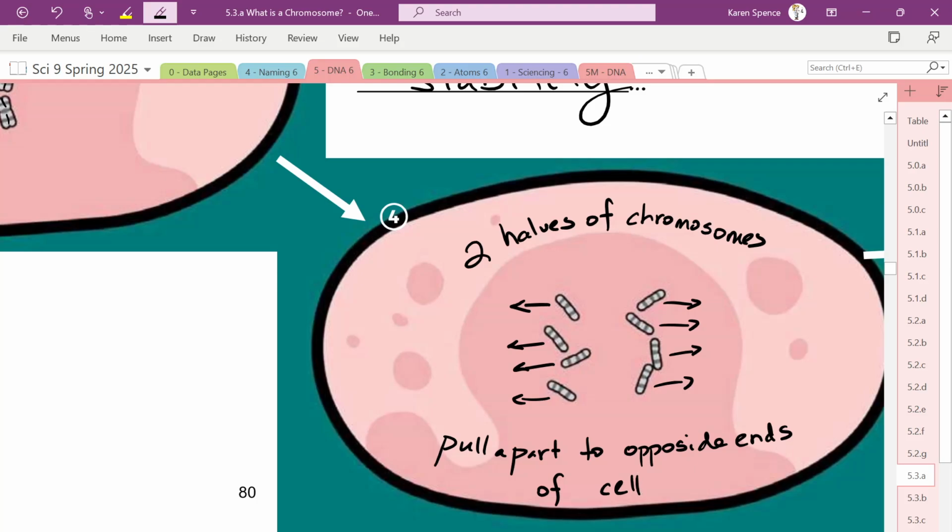Okay, so those two halves of the chromosomes pull apart to opposite ends of the cell.